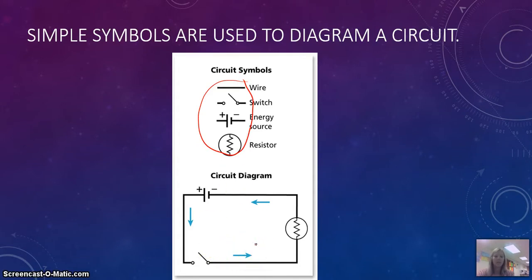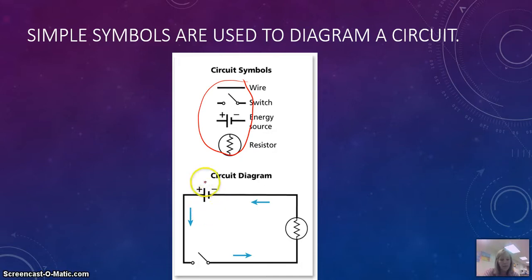So a wire is just represented by a single line. A switch often just looks like something you would draw as a door. It has two circles on either side of where the switch is. And then you have a power source, and this would be possibly a battery right here.